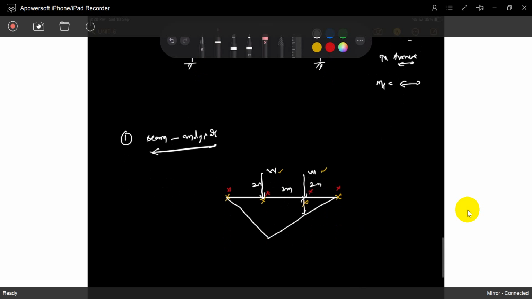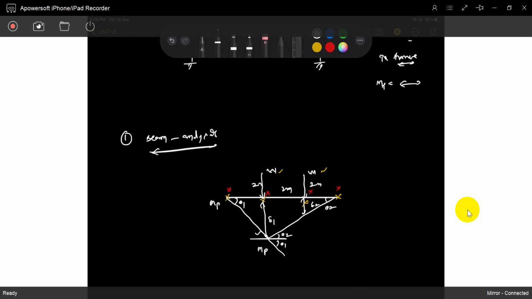This is delta 1, I will choose delta 2. This is theta 1, this is theta 2. This goes to theta 2, this is theta 1. It is also MP. This is the formation of the hinge.